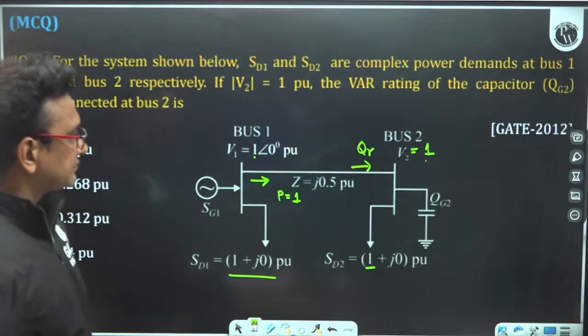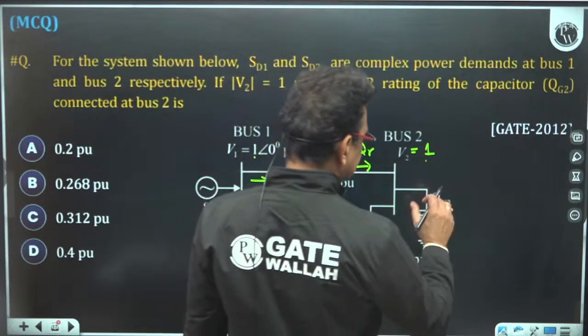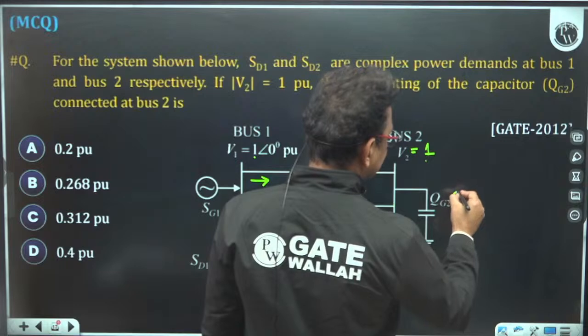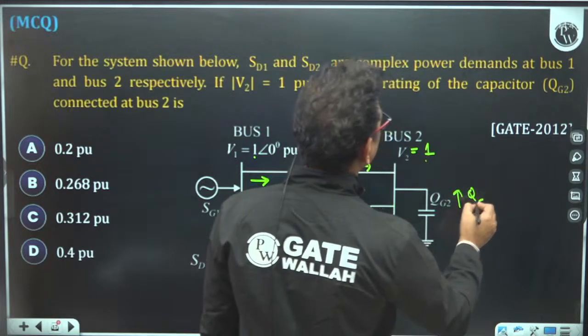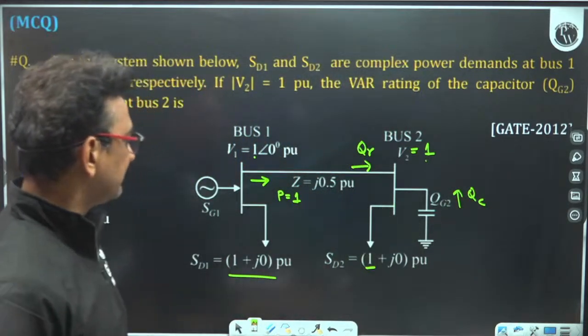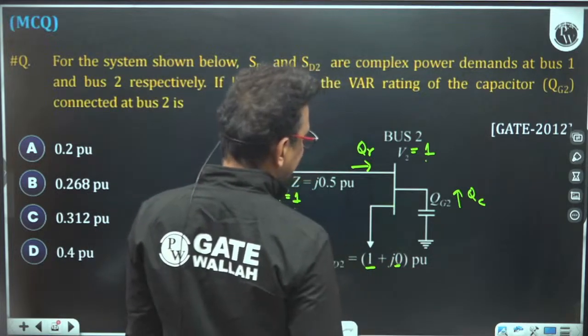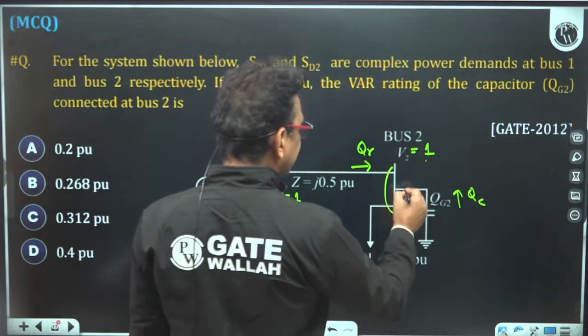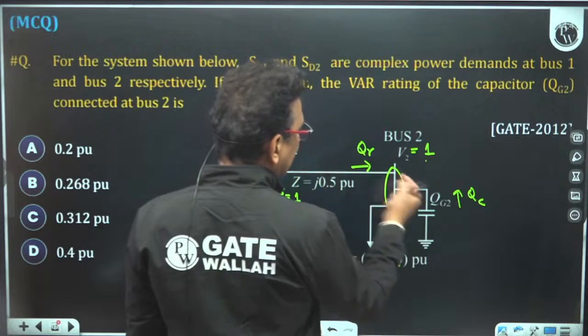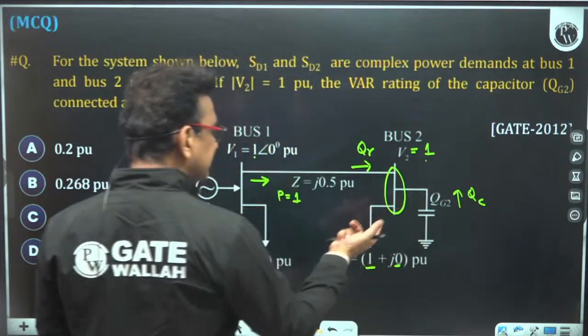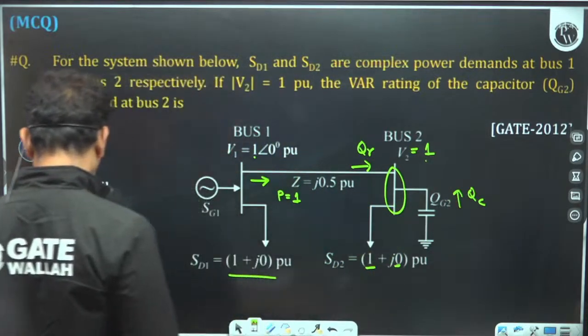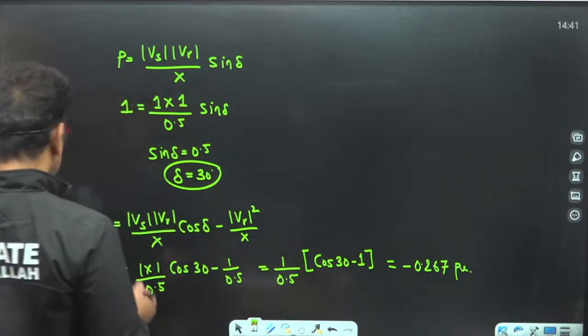See, this is reactive power. The capacitor will supply the reactive power QC, and I have to find out the rating of the capacitor only. And here the reactive power is equivalent to 0. So the total reactive power here, QR plus QC, will be 0.